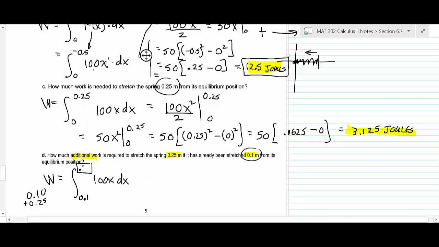So you're going from 0.1 to 0.35, because this time you're not starting at equilibrium, you're starting at 0.1. Does that make sense? Then you're just adding the 0.25 to that.